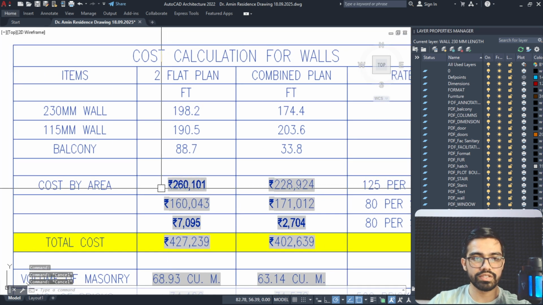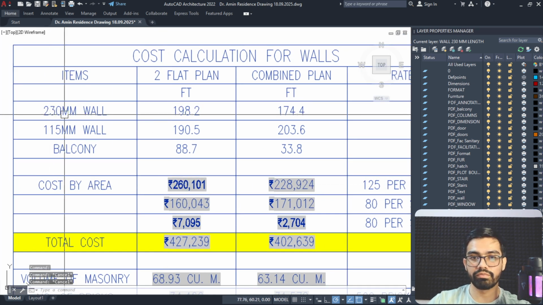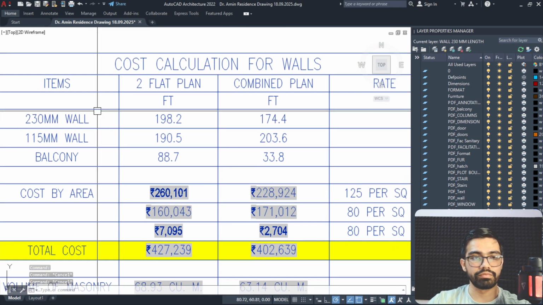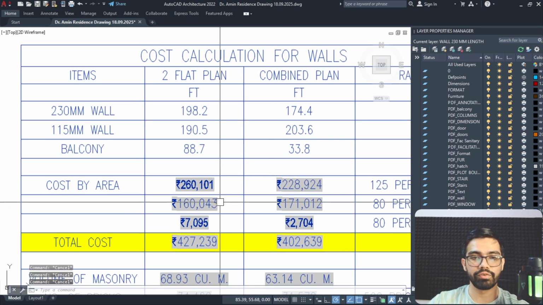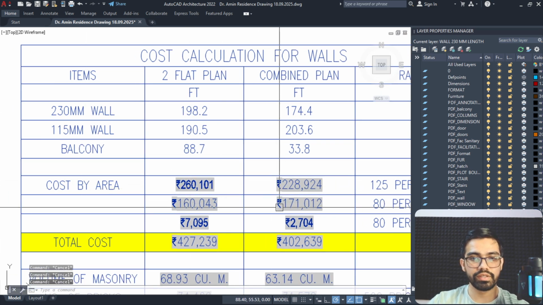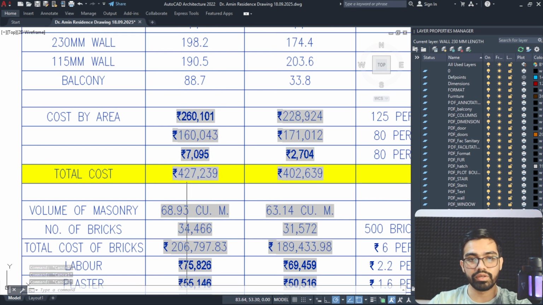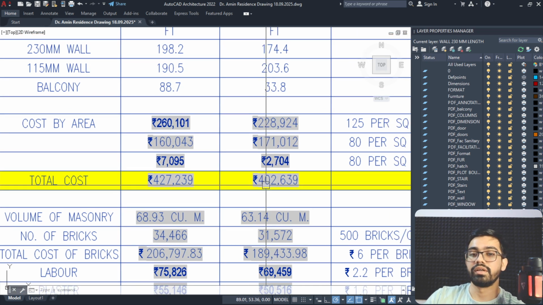So that gives me 260,000 for 230 wall, 228,000 for 230 wall for the combined plan, the new plan that I made for the client. I did for all of these three typologies, and then the total outcome was 427,000 and 400,000. So the difference is 25,000.